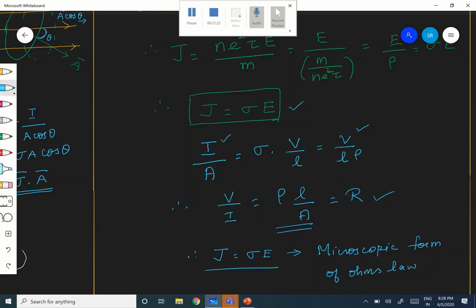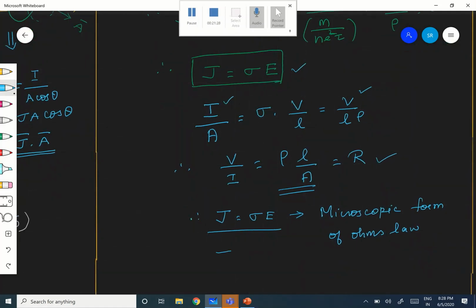Is it clear? If you want to represent it in vector notation, J is equal to sigma E, so you can say it is a vector form of Ohm's law. Hope you are following, right?